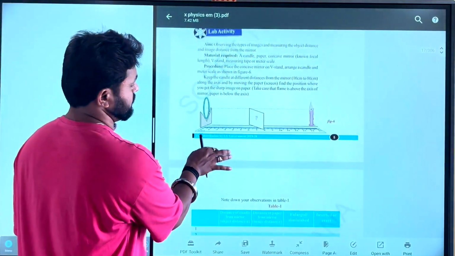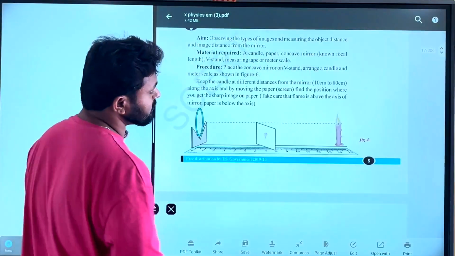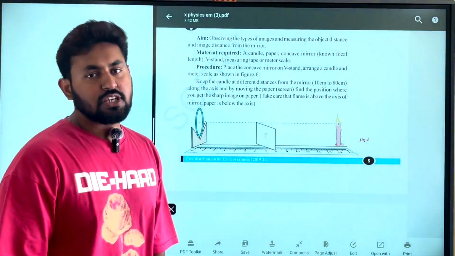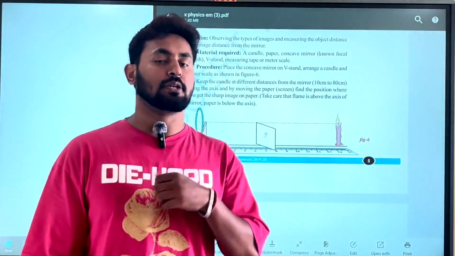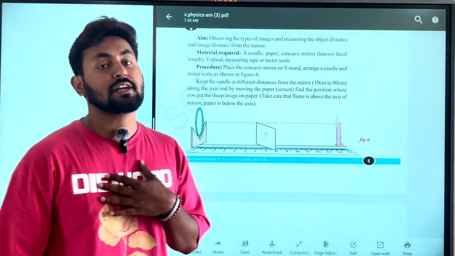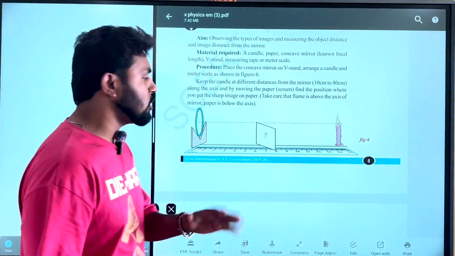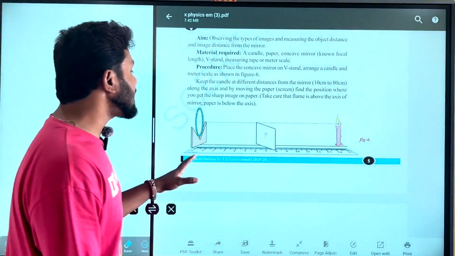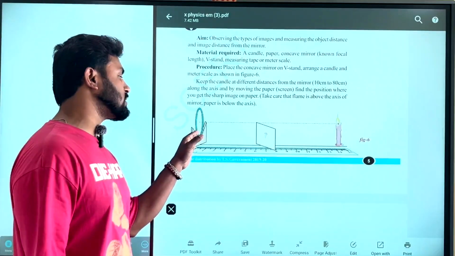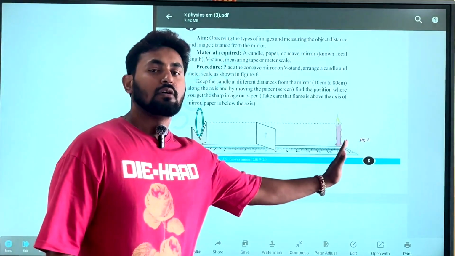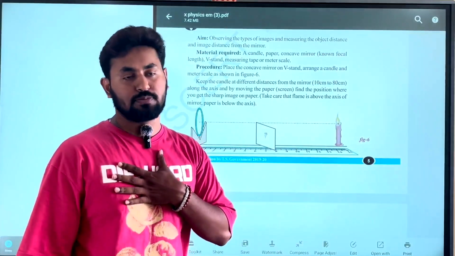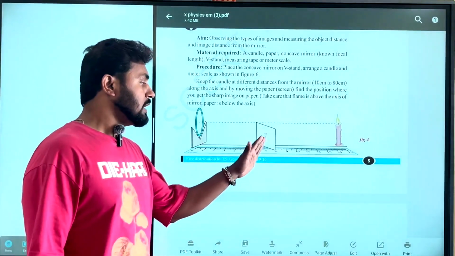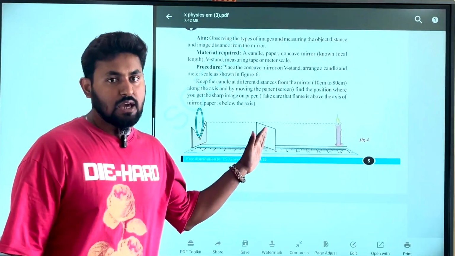Now moving ahead, if you read this activity, it gives you one of the characteristics of concave mirror. In this diagram we have a concave mirror placed at one end, and a candle placed on the other end, which we will consider as an object. Now we have a screen in between.